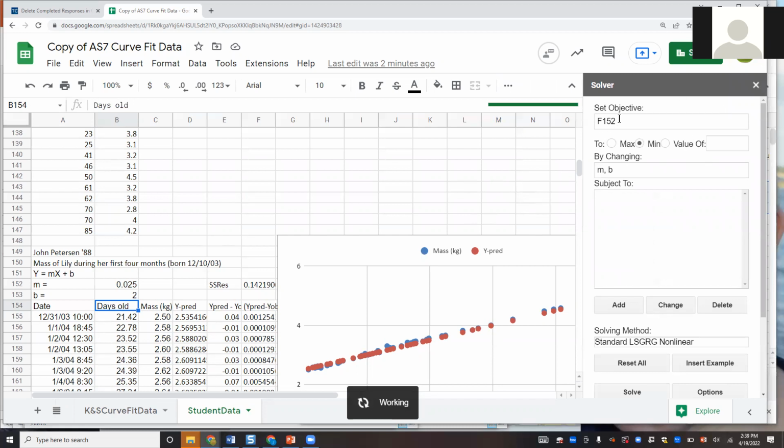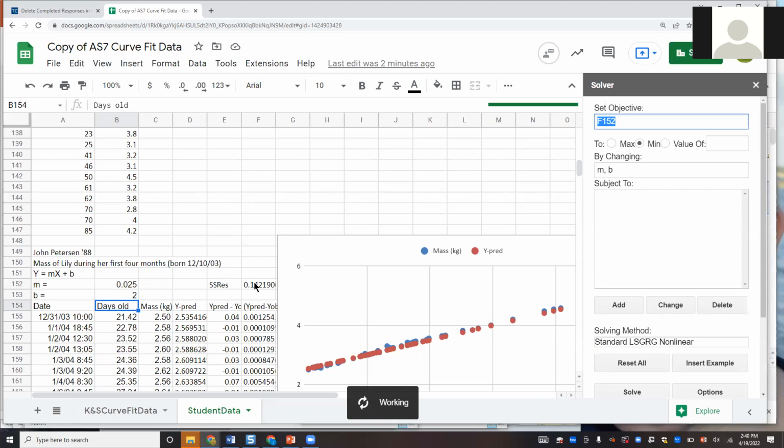What you want to minimize is wherever your sum of the square of residuals is, that's the number you have in here. I don't know how it's this smart, but it seems to already know that I want to minimize that. Does it know you want to minimize that too? That's almost scary.